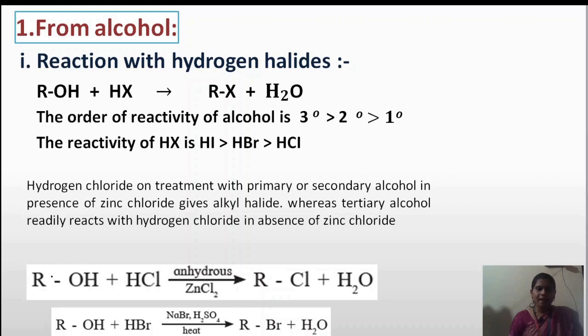It breaks the bond between this R and OH. So this bond breaks and the formation of alkyl halide takes place, and this OH reacts with this hydrogen and water is formed. The mixture of HCl and ZnCl2 is called as a Lucas reagent.